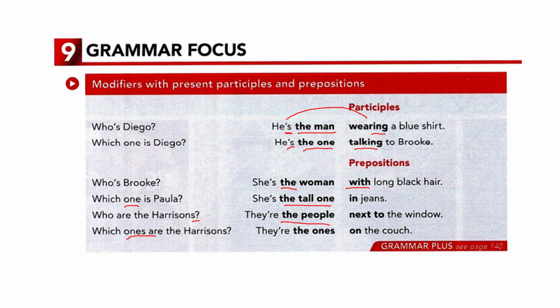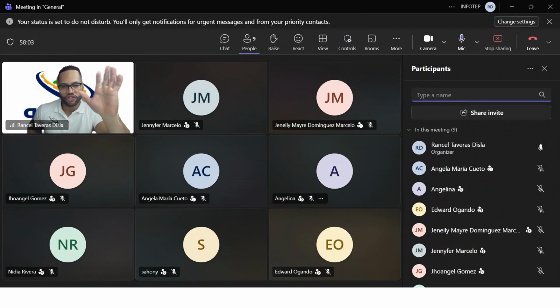They're the ones. Okay? If I have one in the question, I have one in the answer. If I have ones in the question, I have ones in the answer. Okay? So far, so good. Is that clear?